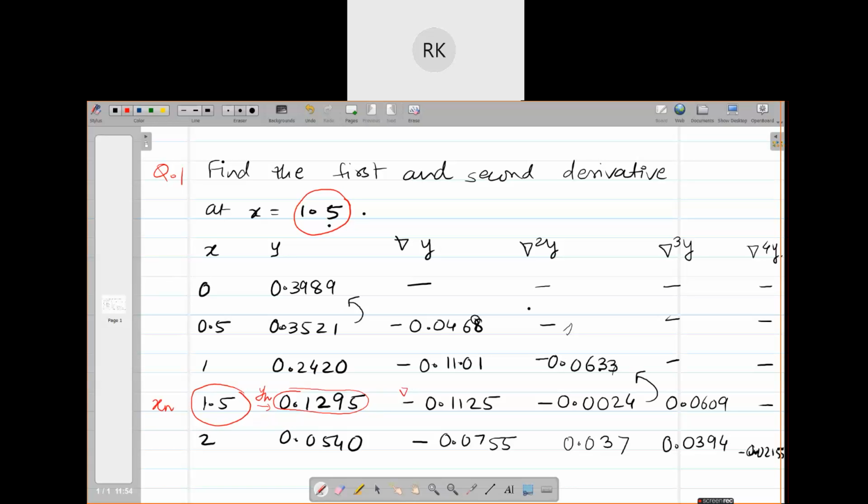So this will become my del yn, this will become my del square yn, and this will become my del cube yn, and there is no del raised to 4 yn for this x value of 1.5. Do you understand this? So we will be making use of this entire row.